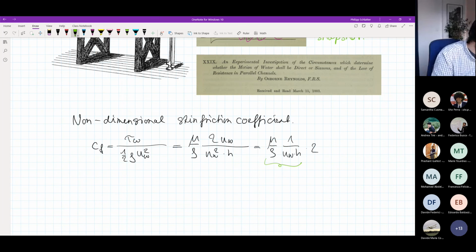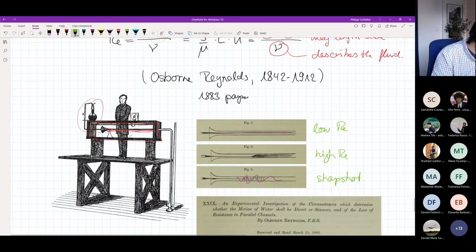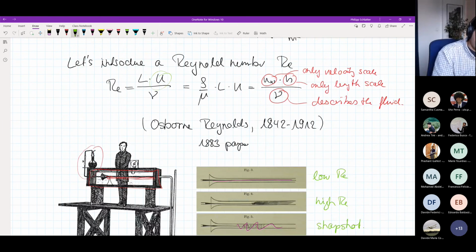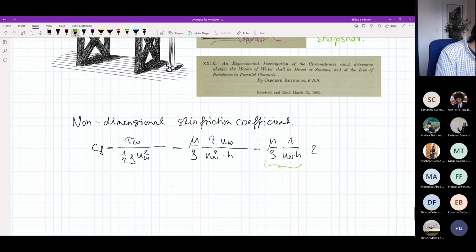This is nothing else than the Reynolds number that I have introduced here. This is just the definition of the Reynolds number. So that's the interesting result: CF in Couette is nothing else than 2 divided by the Reynolds number.